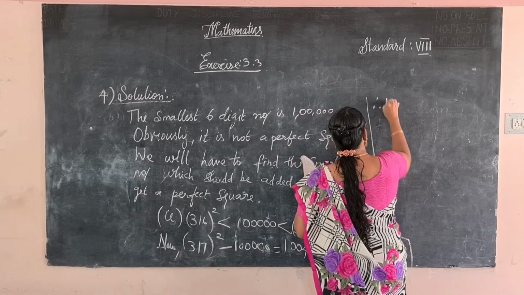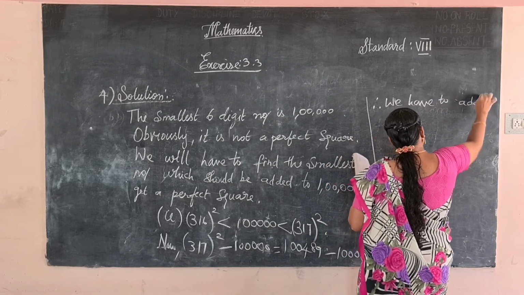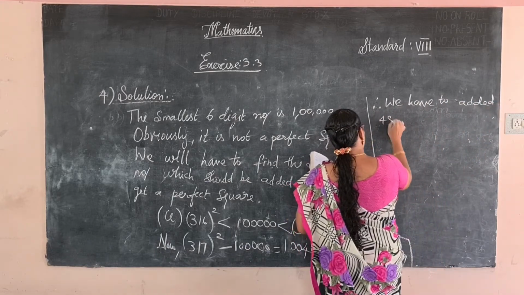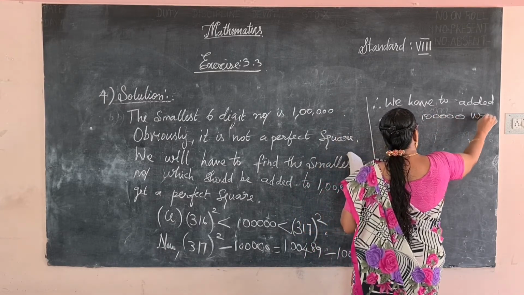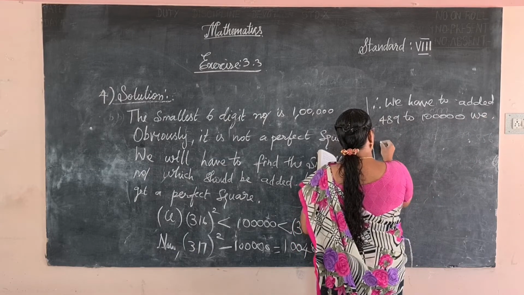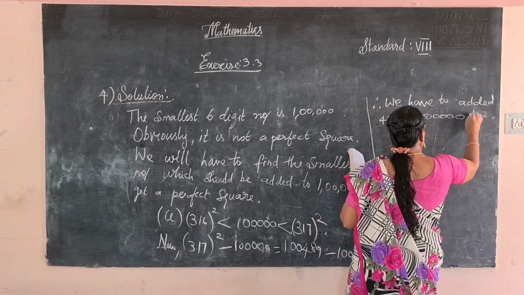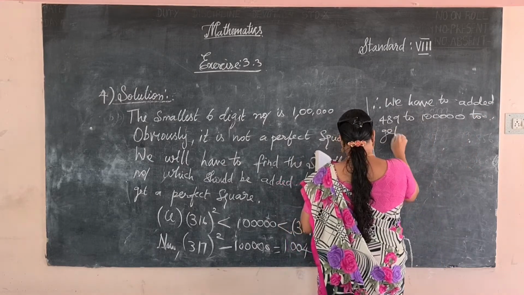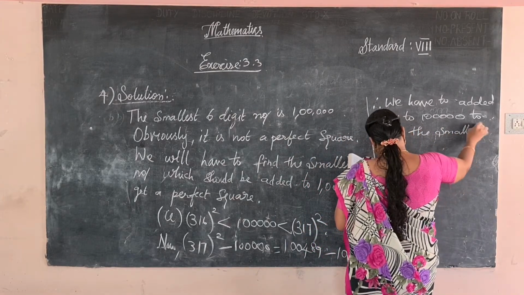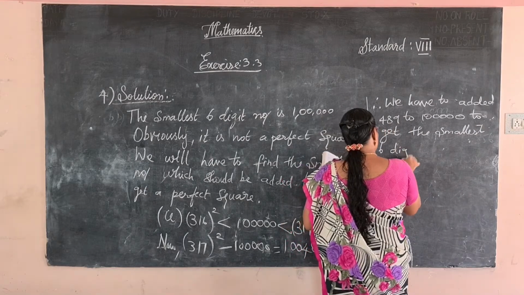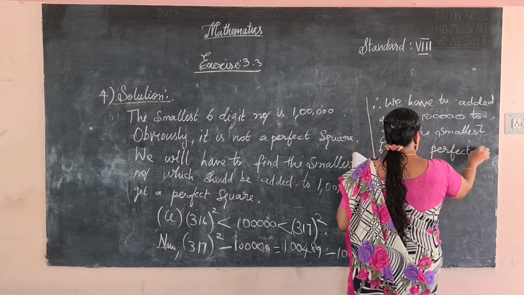Therefore we have to add 489 to 1 lakh to get the smallest 6-digit perfect square.